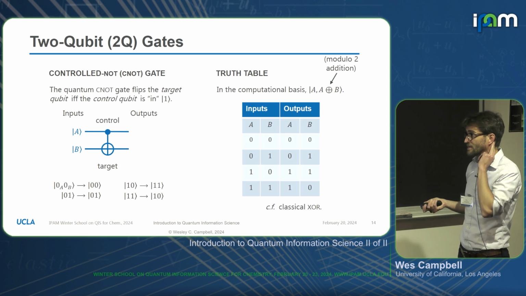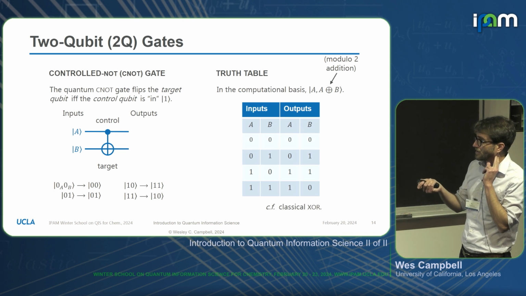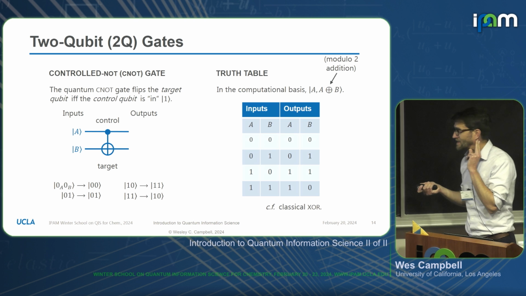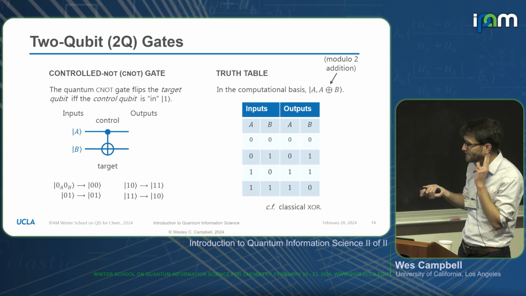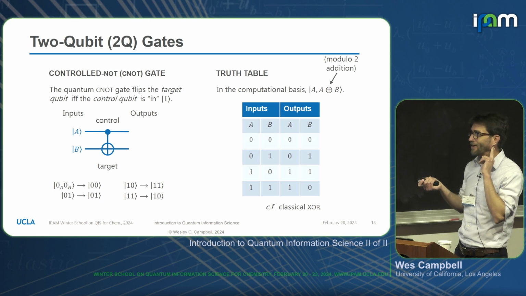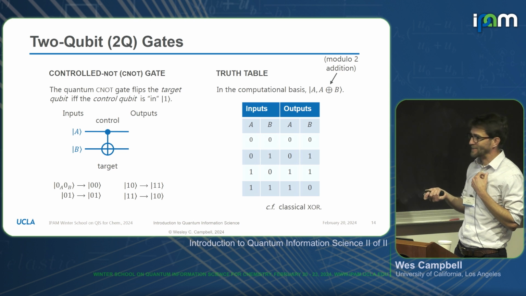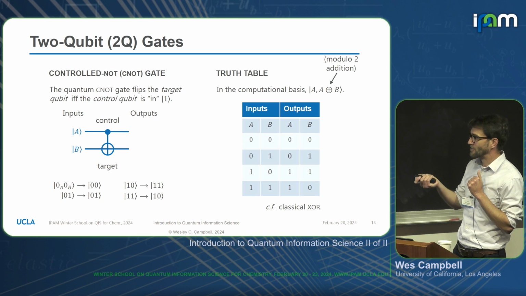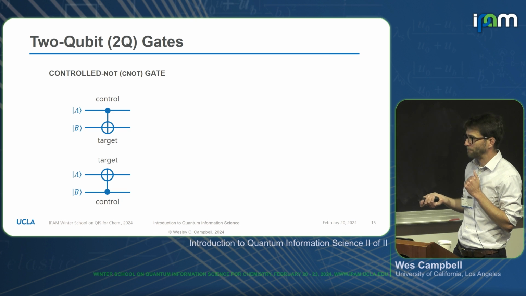This, incidentally, is the truth table of the XOR, the classical XOR gate, okay? But it's a little bit of a dodge to make a truth table for quantum operations because we're going to allow things like phases and stuff to appear, which you can't really encode in true and false, right? But more or less, this is an accurate description of what happens to basis states.